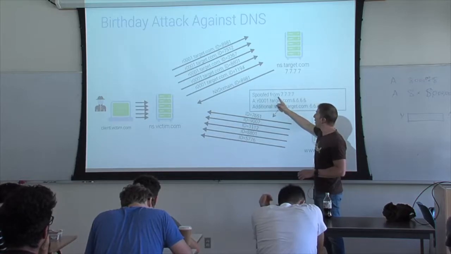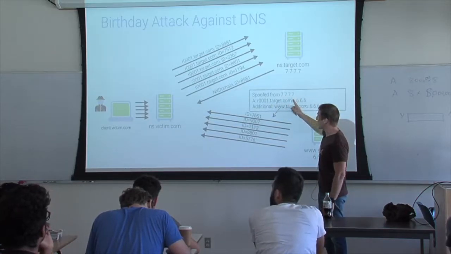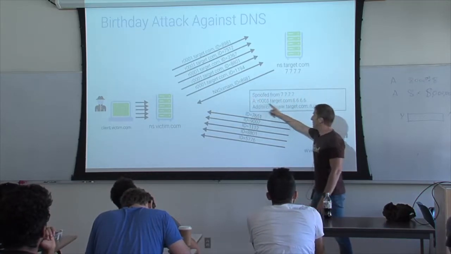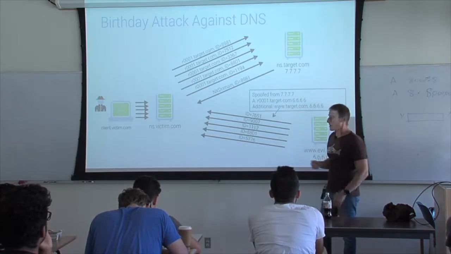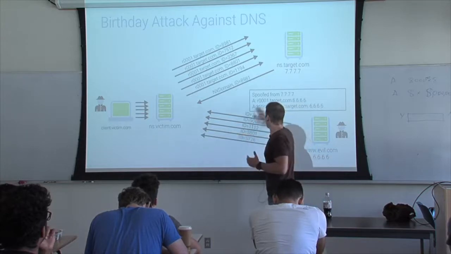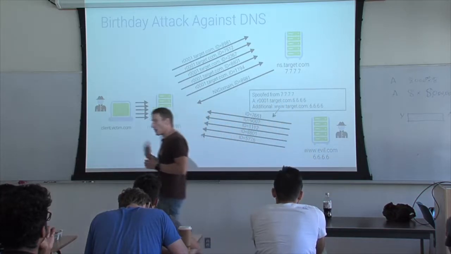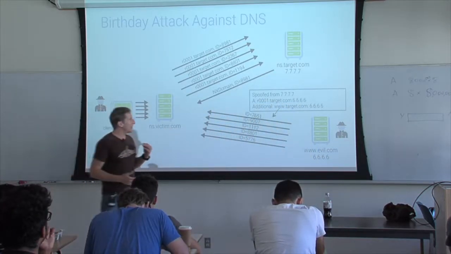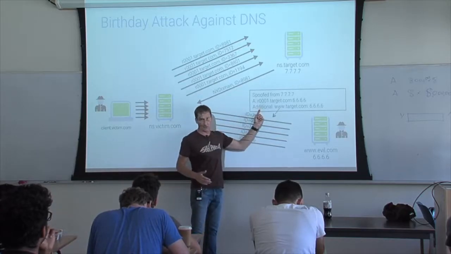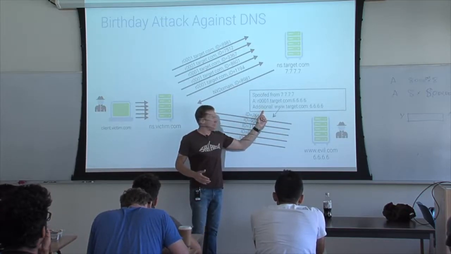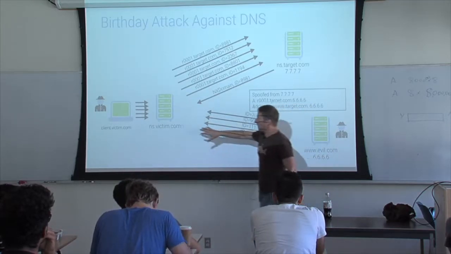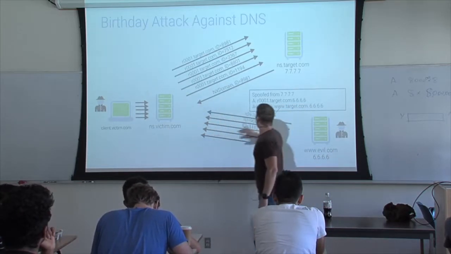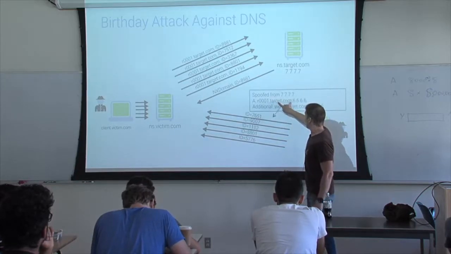So it says spoofed from 7777, and you say, by the way, this host is mapped to this address. You don't really care about it. It's a random host that you're just using to generate requests. The cool thing is the additional value, the glue data. Because this glue data will be accepted and cached by this server, since it is related to the same host.